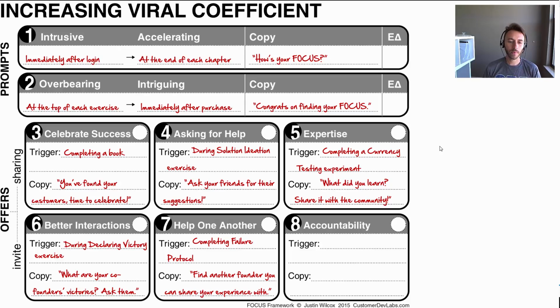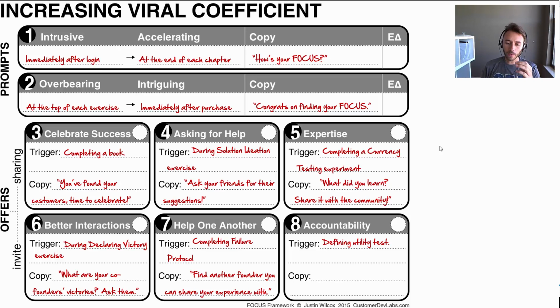And finally, one other situation to think about, an opportunity to create an offer, is in accountability. If there's a way that you can create accountability with your solution, the best way to create accountability is with another person. So find an opportunity where you can create accountability between your customer and someone who's not yet your customer.